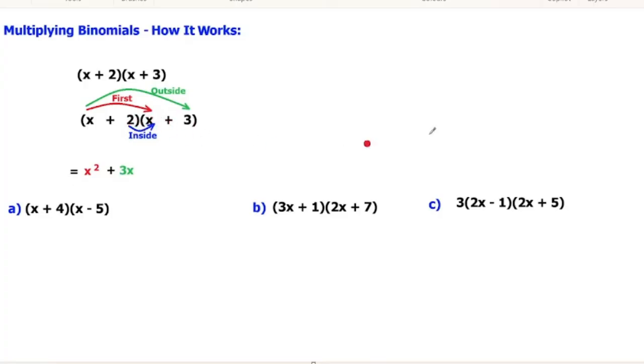So 2 times x, and that gives you 2x. And now we multiply the last term. Okay, so it's 2 times 3, so it will equal plus 6. So that's it. That's our binomial multiplication.